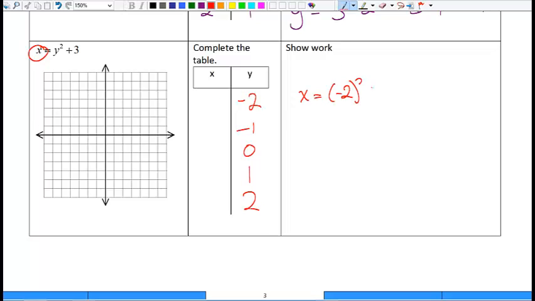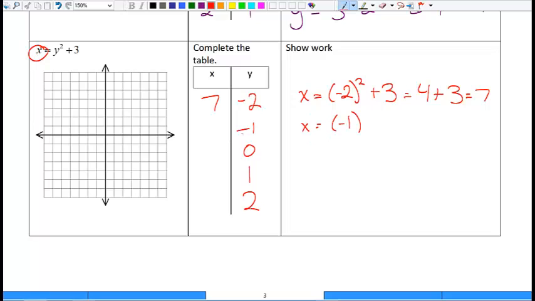So I'm going to do -2 squared plus 3, plugging in the -2 in for the y this time. So that gets me 4 plus 3, which is 7. And notice how simple that was because the x was solved this time.